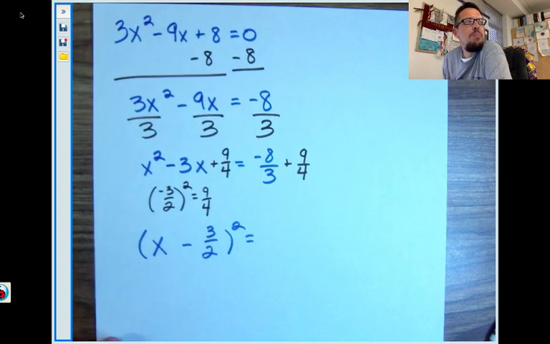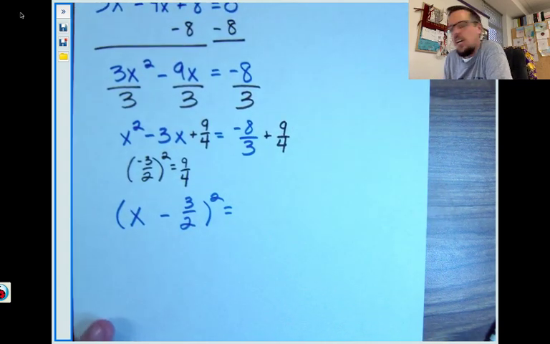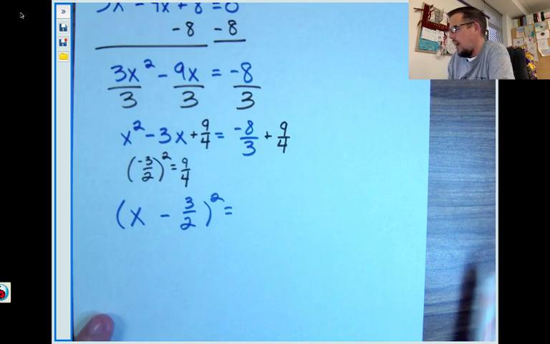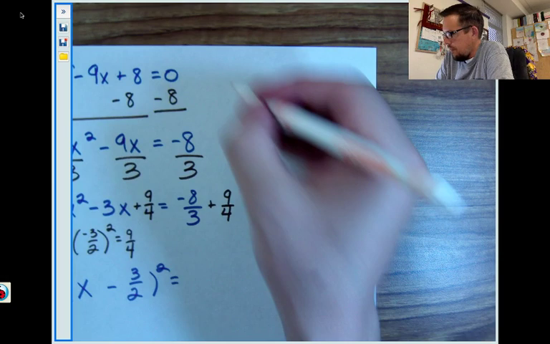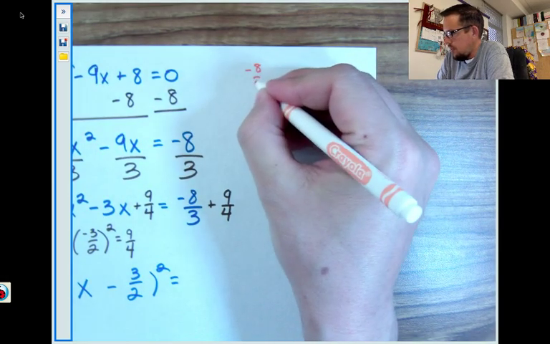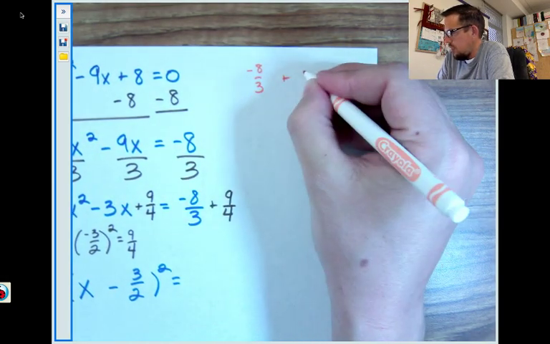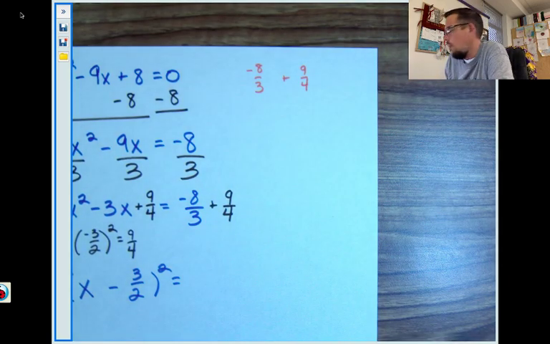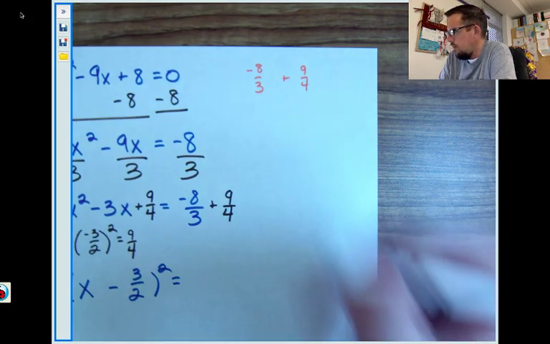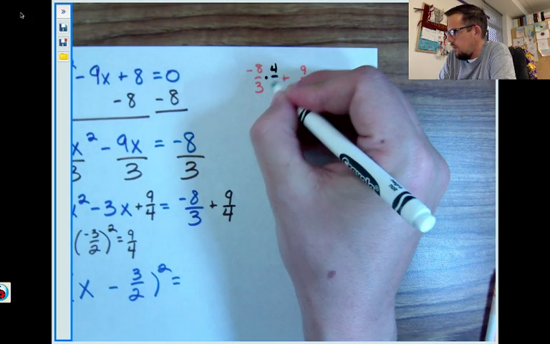Negative 8/3 plus 9/4 is a little unpleasant. That one's not quite as easy to just look at and get the answer. So let's come over here in the corner and do negative 8/3 plus 9/4. I'm leaving a little space here for what we're going to multiply by. What will the common denominator be here? 12. So this is 4/4.